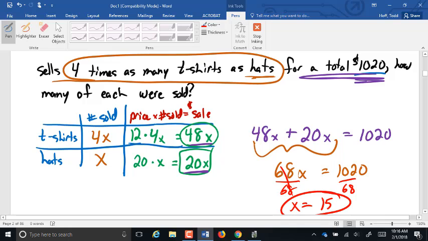Look right? So X equals 15. Well, again, we have to make sure we've answered the question. We want to know how many of each were sold. Well, X is 15, so that's 15 hats. 4X would be 4 times 15. That would be 60 t-shirts.